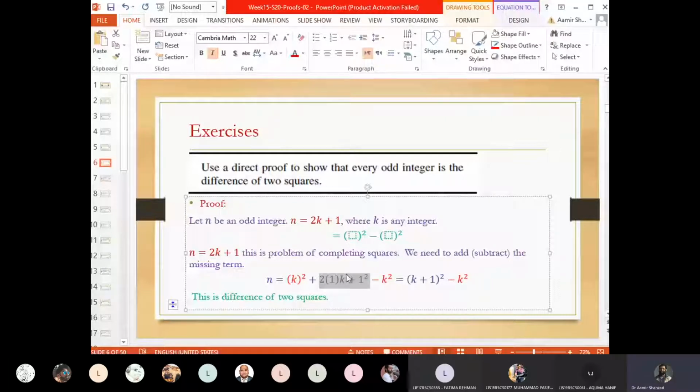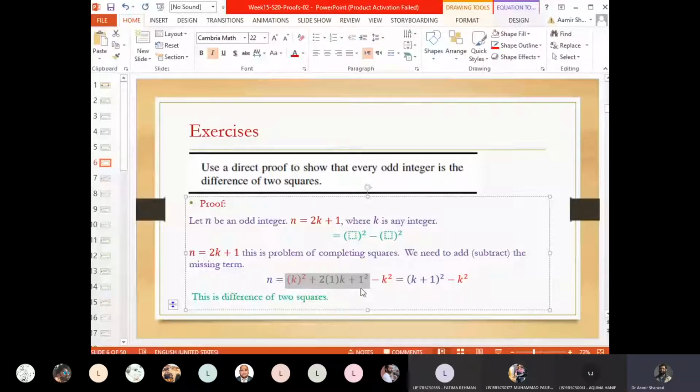So अगर हम इसमें k square ऐड करें, so this will become a complete square. So if we add k square, we have to subtract k square as well, ताकि equality पे कुछ फर्क ना पड़े. So if we add k square, it becomes k square plus 2 times 1 times k plus 1 square. It's just like a square plus 2 times ab plus b square.